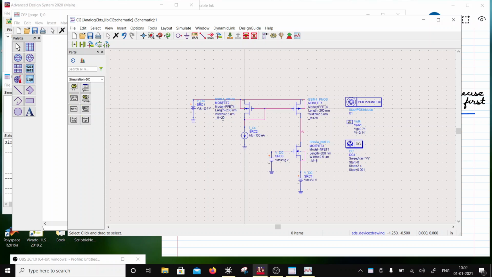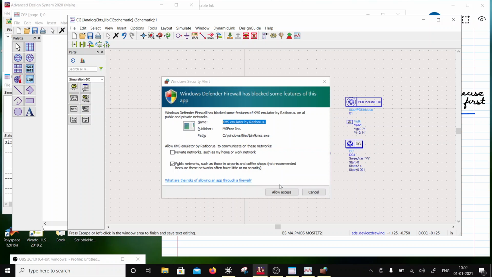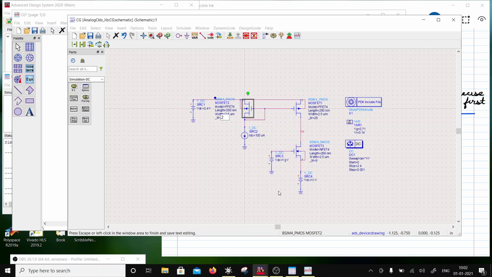Okay, so this one would be wrong. So this one was around 2. Okay, so now I'm forcing current, which is going to be 1 milliamp.